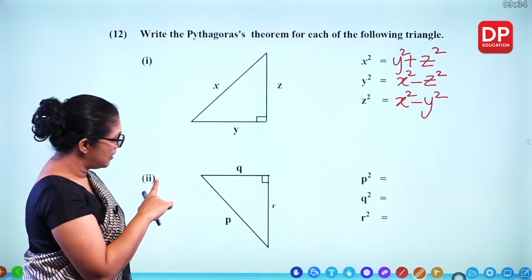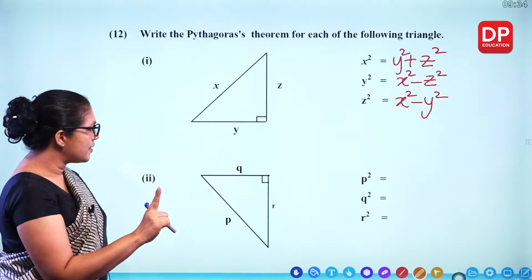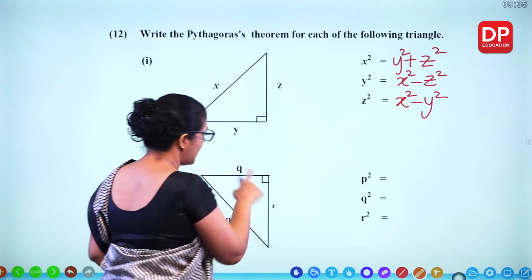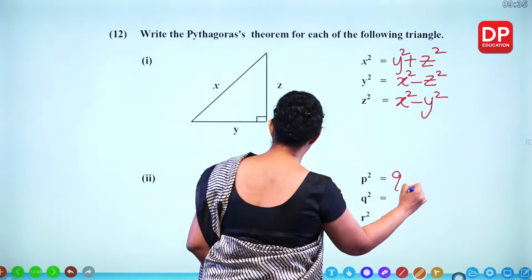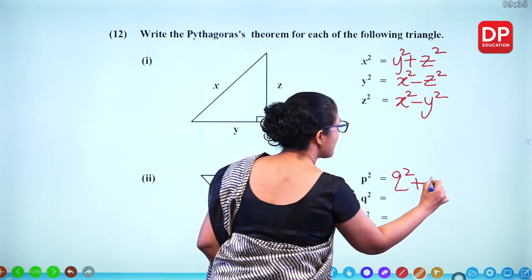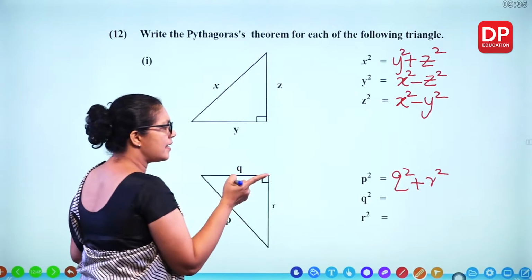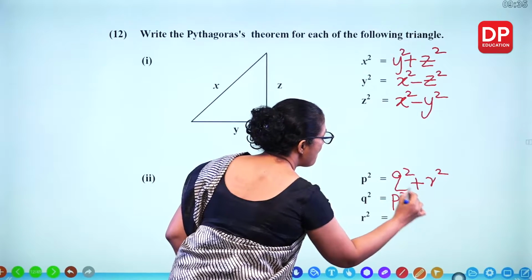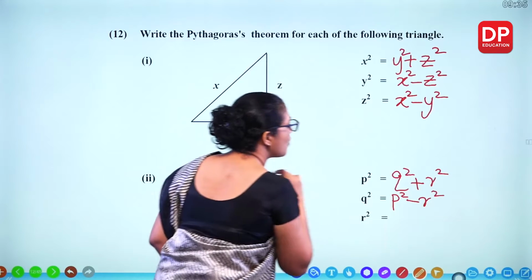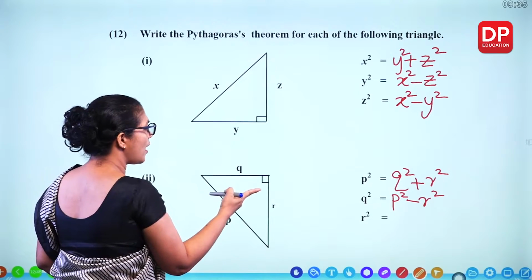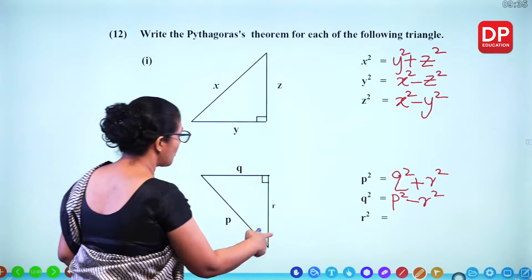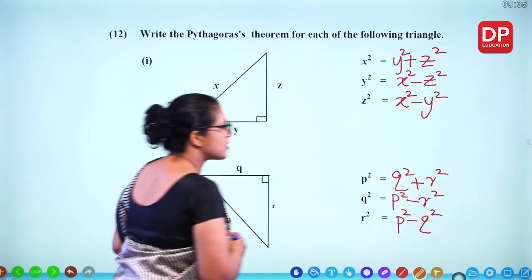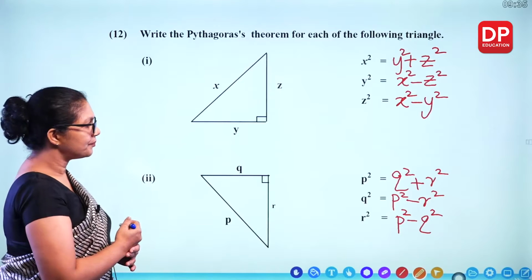This triangle, first identify the hypotenuse, opposite to this one. So P squared is the sum of the other square terms, Q squared plus R squared. Then if you want Q squared, you subtract from P squared the R squared value. R squared, if you want R squared, you take P squared and minus the square term of Q.